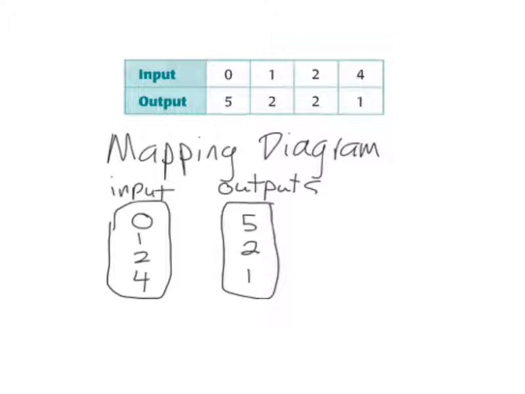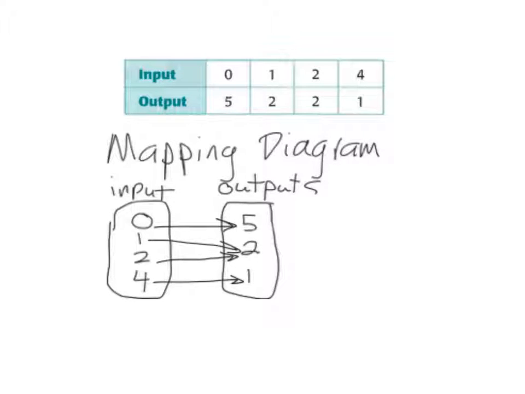Because the range consists of 5, 2, and 1. And now we draw arrows from each input to the output. So 0 goes to 5 according to the table. 1 goes to 2. 2 also goes to 2. And 4 goes to 1.